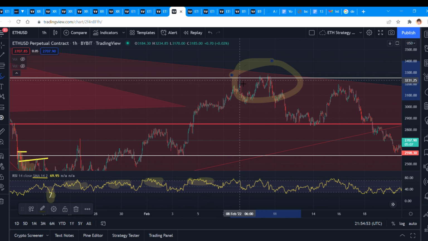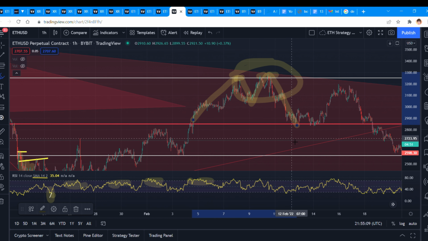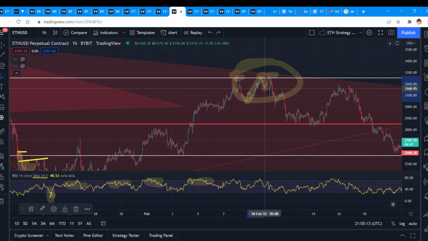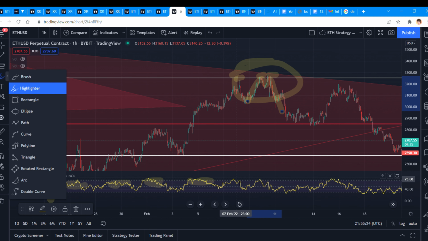So we have the first peak, we have a slight correction, we have this first peak, we have the second peak, we have the third peak. And here, you can judge this an M like this, or you can just look at this one. However you choose to do it, I suggest you watch the RSI.